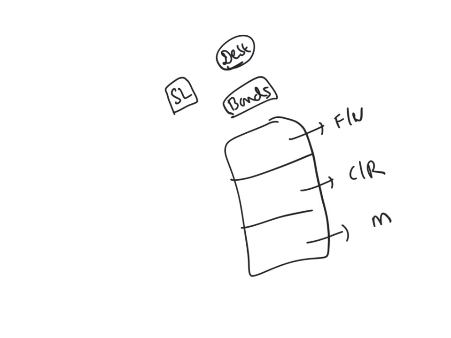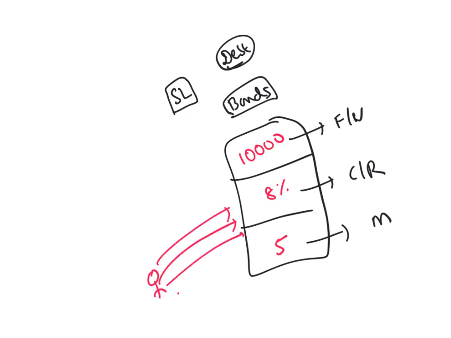Third one is maturity. For example, let's say Sri Lanka is issuing a bond for 10,000 Lankan rupees and they are promising an 8% interest rate with a maturity of 5 years. If you are an investor buying this bond issued by the Sri Lankan government, you have to pay 10,000 for one bond.